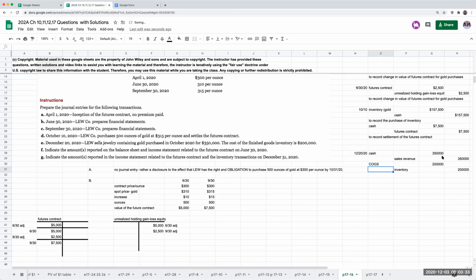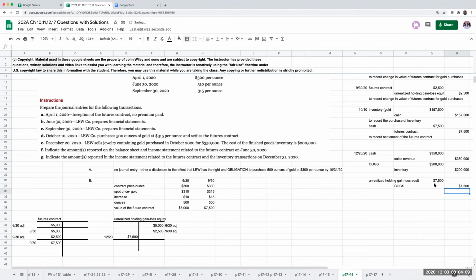Now, the other thing I need to do here is, now that this inventory has been sold, I'm going to debit the unrealized holding gain or loss in equity for 7,500. And this would be my 12/20 adjustment. What I'm going to do is reduce my cost of goods sold.